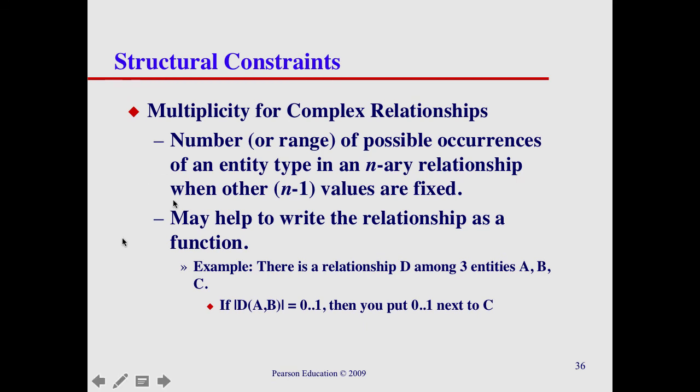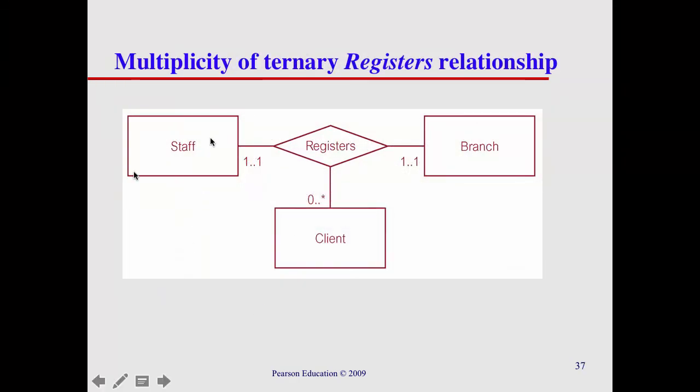So if I am trying to find the multiplicity for C, I say that I have a specific value for A and a specific value for B, and then I just try to determine what is the minimum number and the maximum number of occurrences for C if I have a specific value for A and a specific value for B. So here, a staff registers a client with a branch.